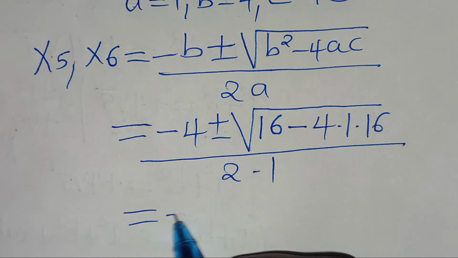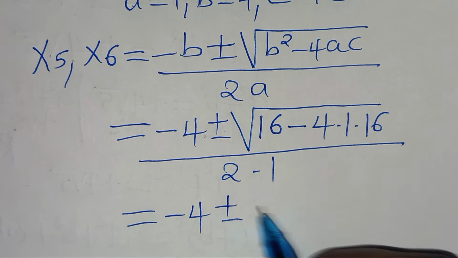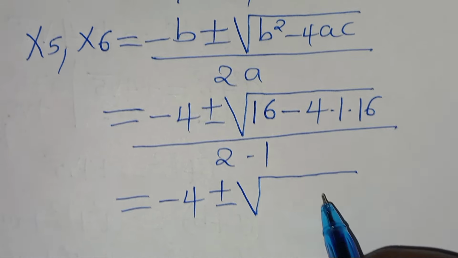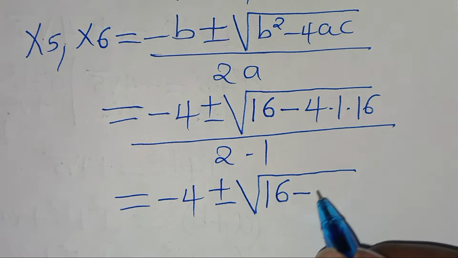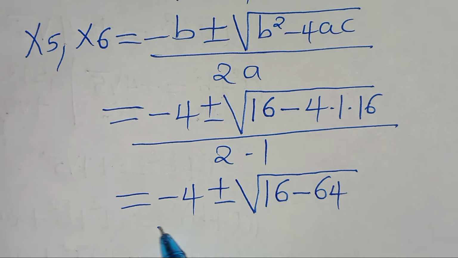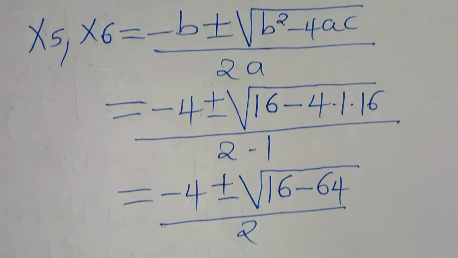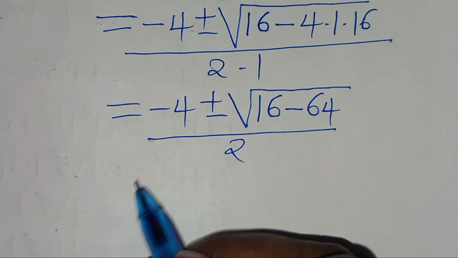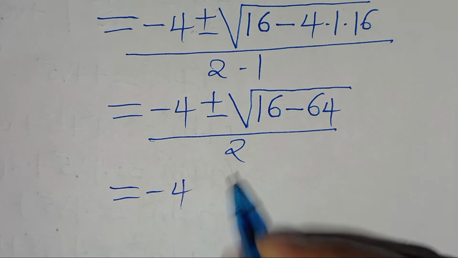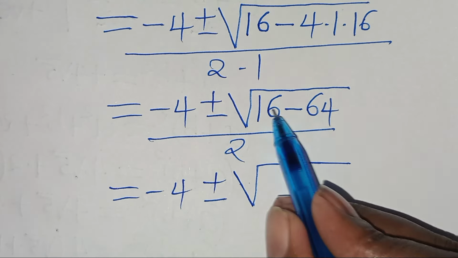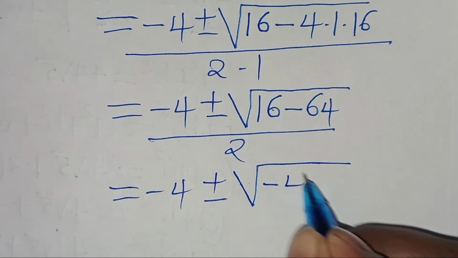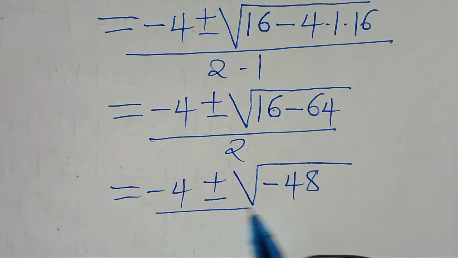So we have minus 4 plus or minus the square root of 16 minus 16 times 4, this is 64, divided by 2. So here we have minus 4 plus or minus the square root of 16 minus 64, this is minus 48, divided by 2.